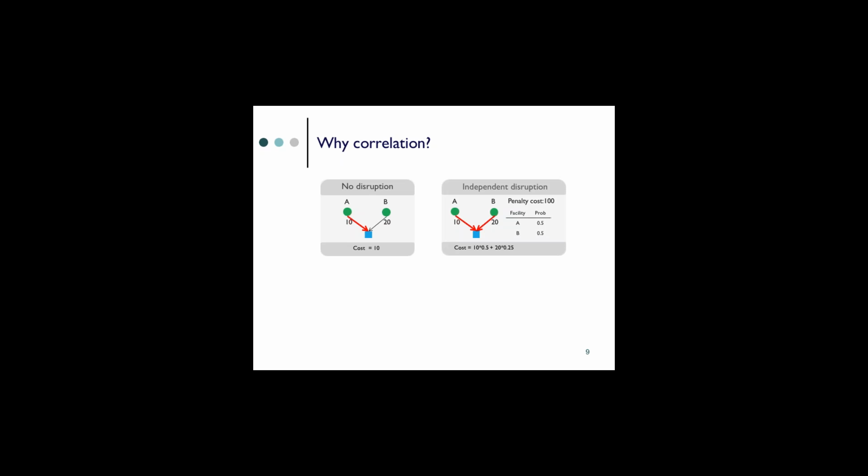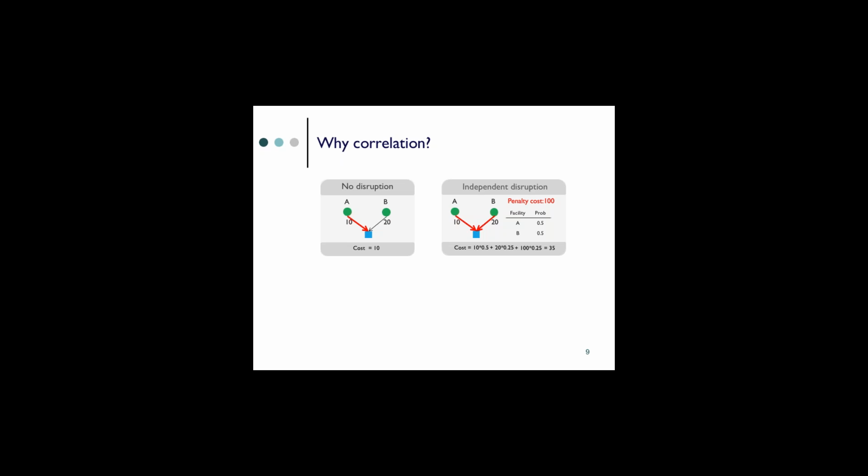The customer will be served by B and the cost is 20. In the worst case, if both A and B are disrupted, the customer has to pay the penalty 100 with probability 0.25. And the total cost is 35.